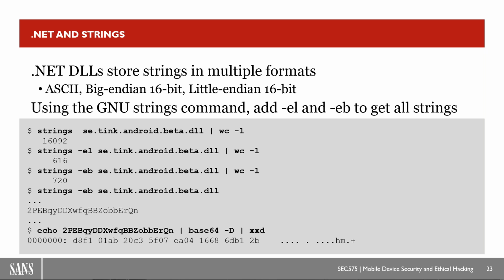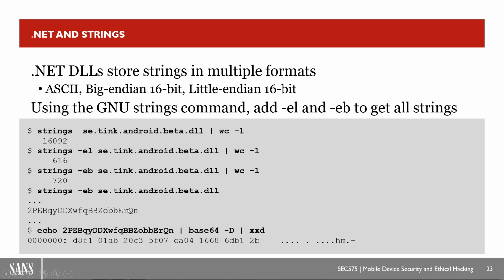You need the GNU strings, the strings that comes with the Linux box. strings -el sets the encoding to little endian Unicode, and when I ran that through wc -l, it returns 616 hits. Running it again for big endian Unicode with -eb, it returns 720 hits. If I had just run strings without -eb, I would have missed this interesting string that was the result here. So if you're using strings, great.